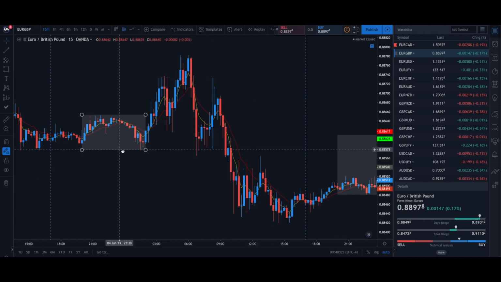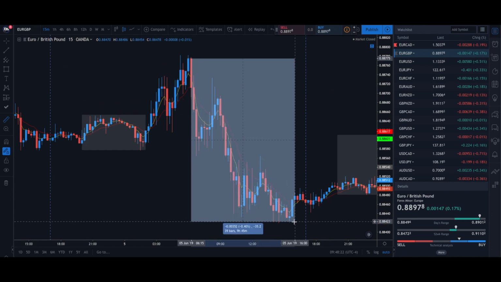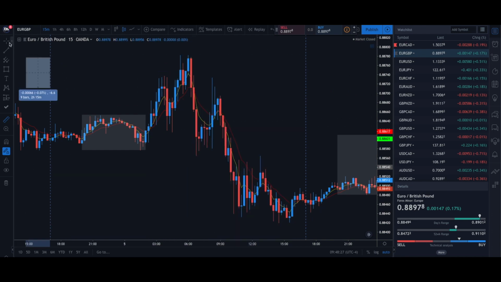For whatever amount of money they need to move this down to, they need a specific number of traders that are buying so they can sell the opposite side of the trade. This is how they make this move from all the way up here all the way down here. So just keep that in mind, guys.